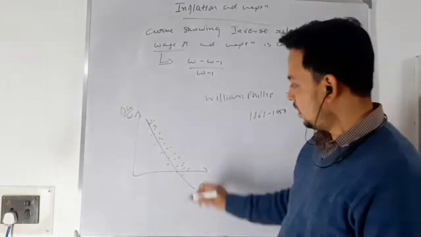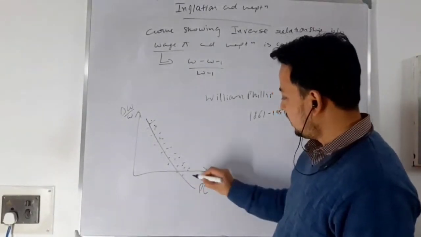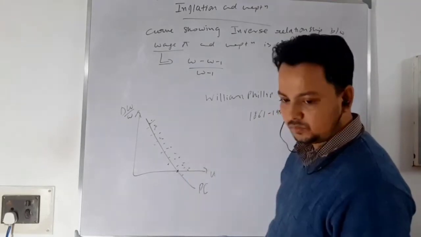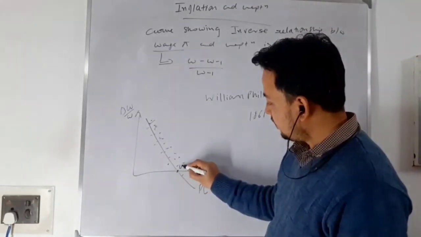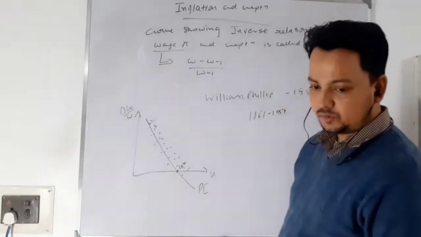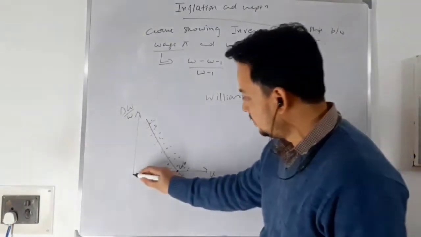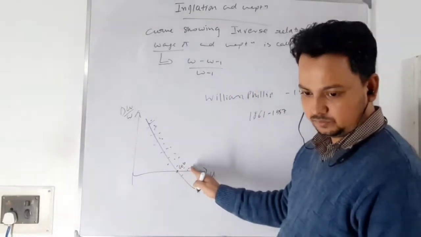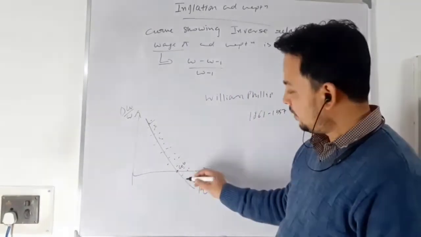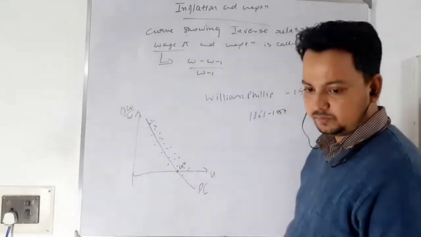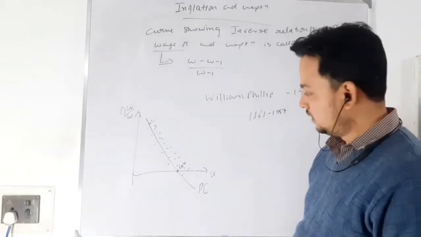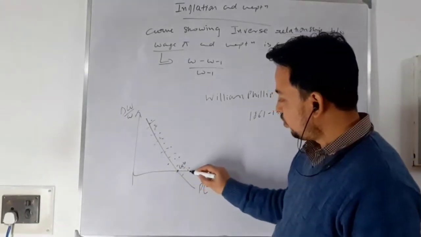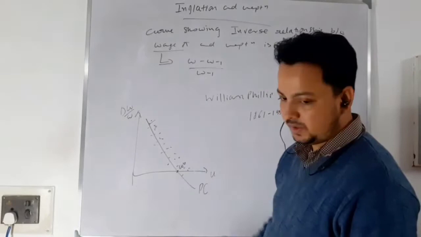Now here you are taking unemployment. Look at here. Suppose the unemployment rate is U0. If unemployment increases further in the economy, what will happen? There will be wage deflation. If unemployment increases from U0 to U1, there will be wage deflation.